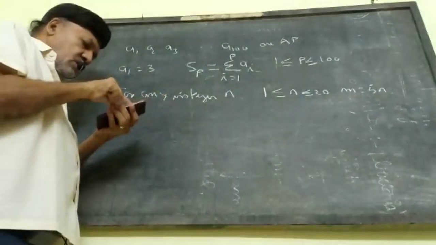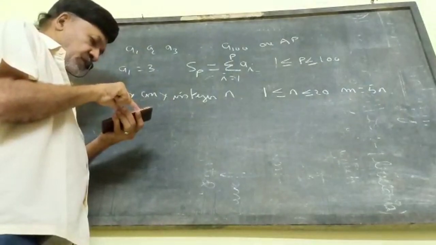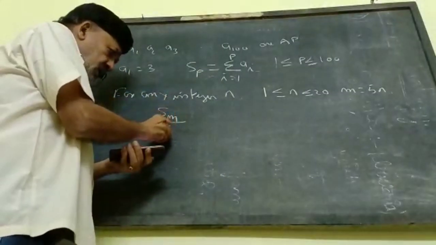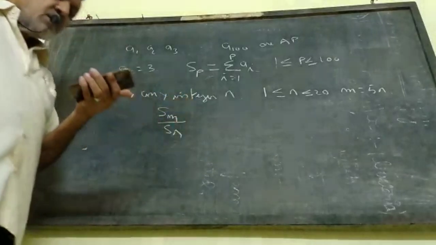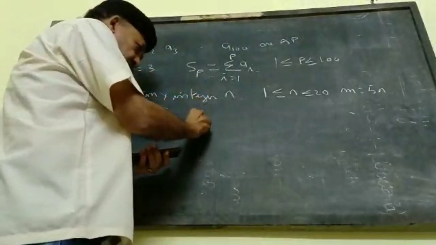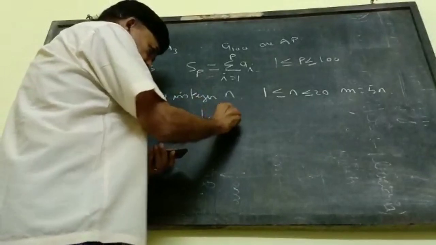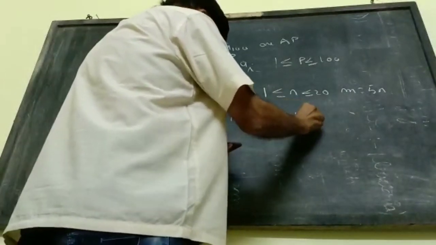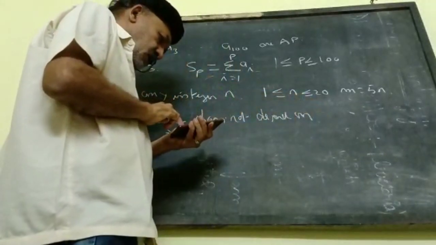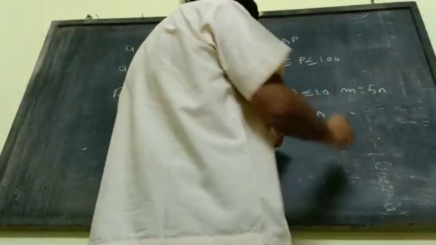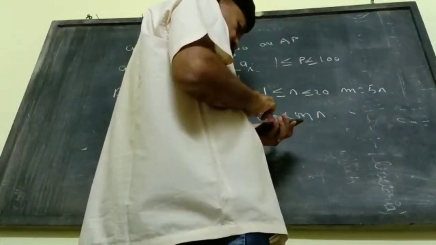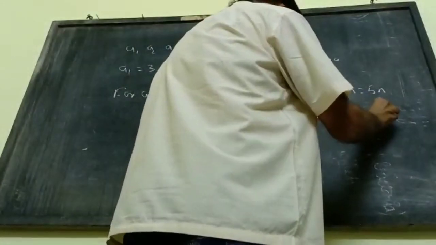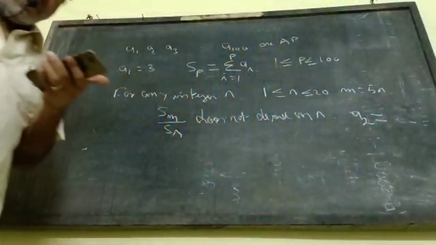Sm by Sn does not depend on n. Then find A. What is the value of A?